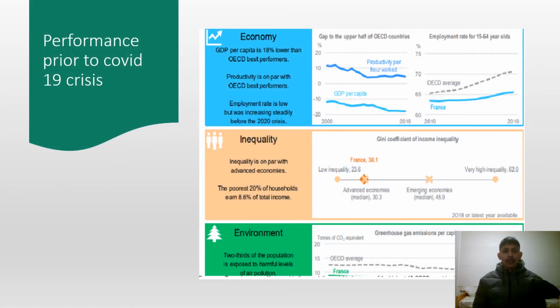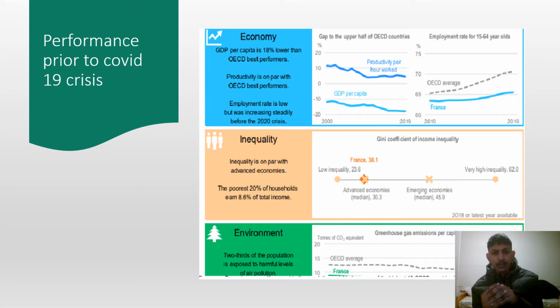This is the performance period prior to the COVID-19 situation. If we talk about the economy, GDP per capita is about 18% lower than the OECD best performance.